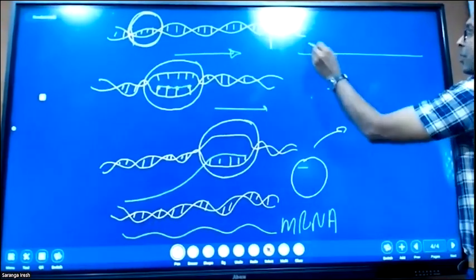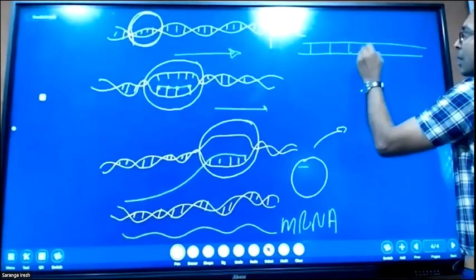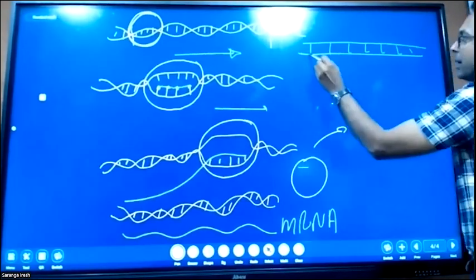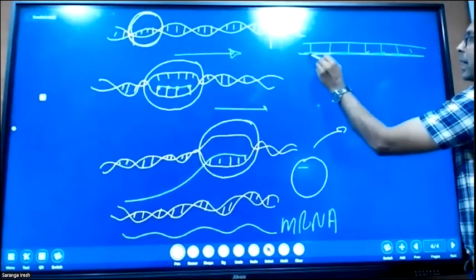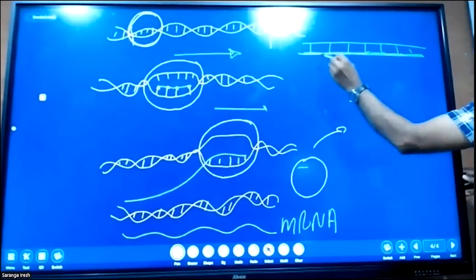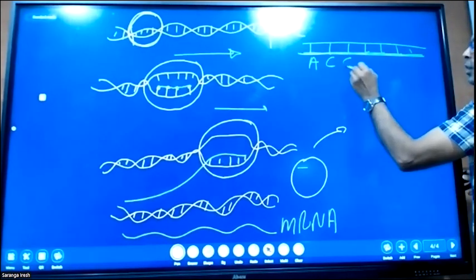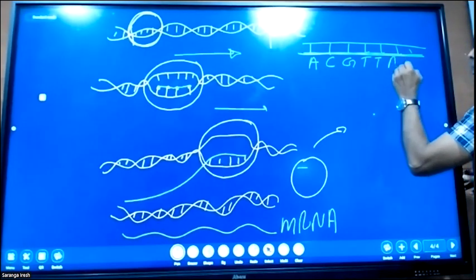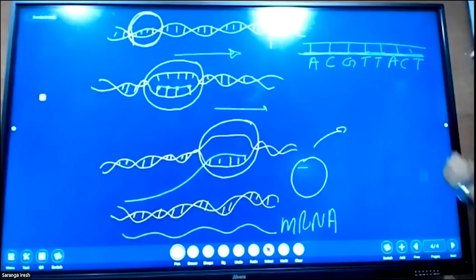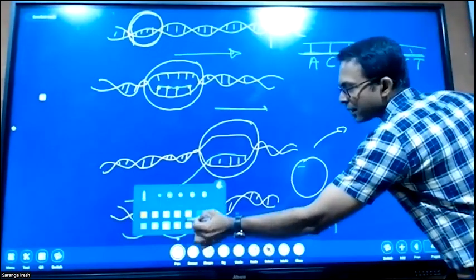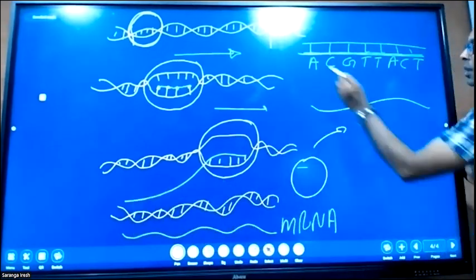Think that this is the DNA strand which is read by the RNA polymerase. It had adenine, cytosine, guanine, thymine, adenine, cytosine, thymine. This is the base sequence. So what is the base sequence in the mRNA molecule now?